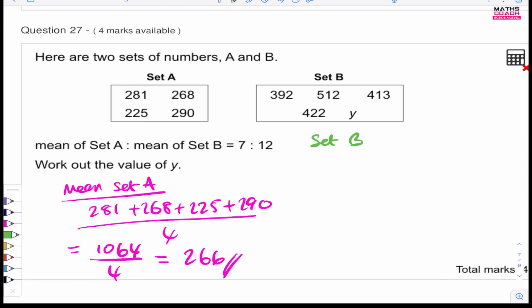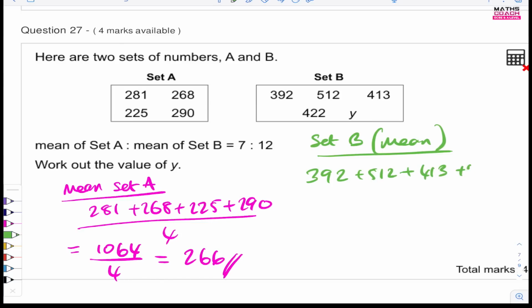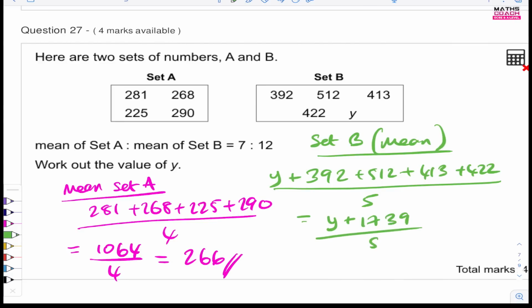So set B, the mean, is going to be 392 plus 512 plus 413 plus 422 plus Y. We can just fit that in here like that. So that's going to be divided by 1, 2, 3, 4, 5 numbers this time. So let's add up the numbers. That gives us Y plus the numbers, which is 1739, over 5.